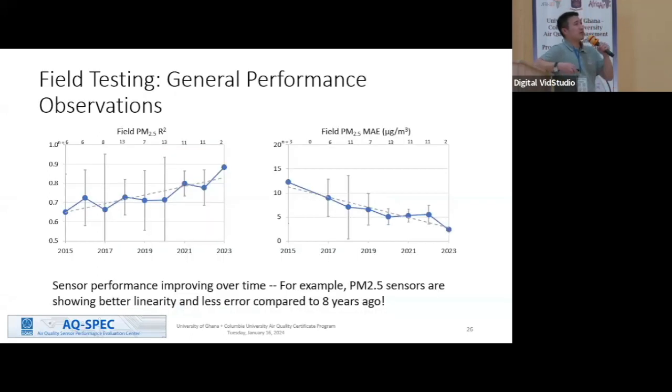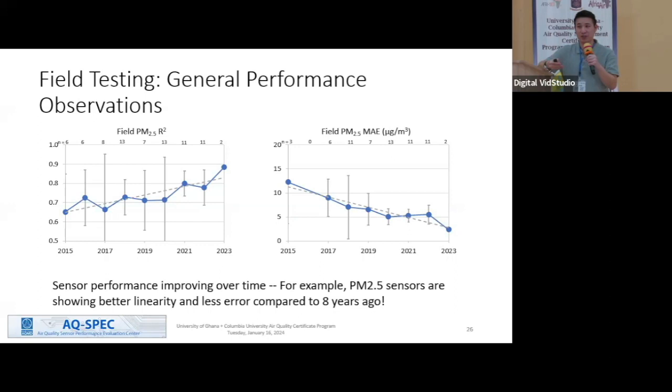And because we've tested so many sensors now in the field from our 10-year program, we're able to aggregate all of our observations and make some general observations about the state of the industry. Over the years, we've noticed that of the PM2.5 sensors we've tested in the field, the average R-squared of the ones we're testing every year keeps going up and up. So PM2.5 sensors are getting better overall.